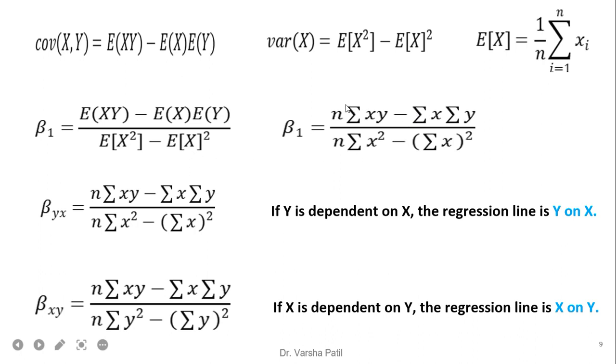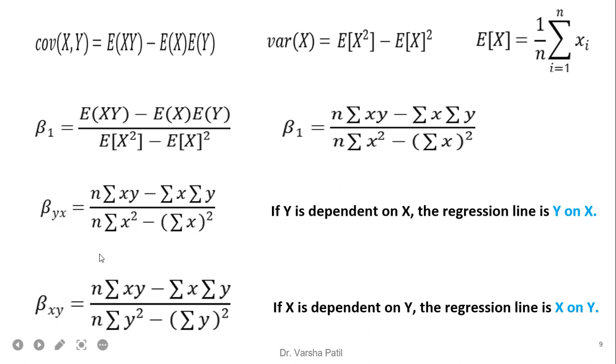So when we divide again by n, we get n into summation of xy minus summation x summation y, divided by n sigma x square minus sigma x whole square. So this is the equation for beta yx, where y depends on x.